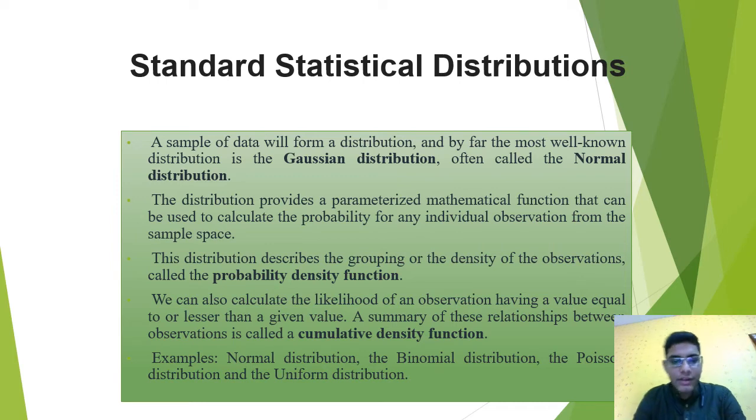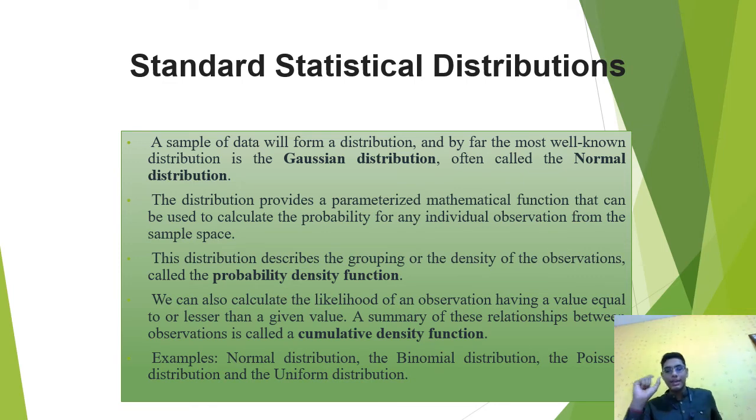Now coming on to the probability density function. What is the probability density function? This distribution describes the grouping or the density of the observations. It is called the probability density function. Now, what is a cumulative density function? We can also calculate the likelihood of an observation having a value equal to or lesser than a given value.